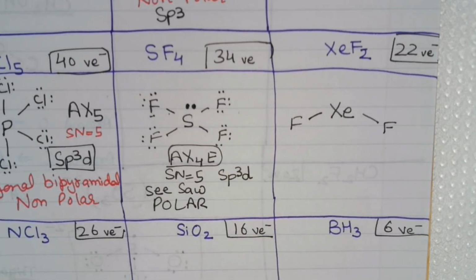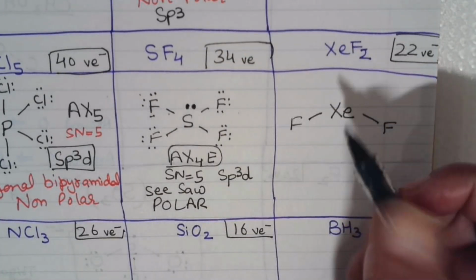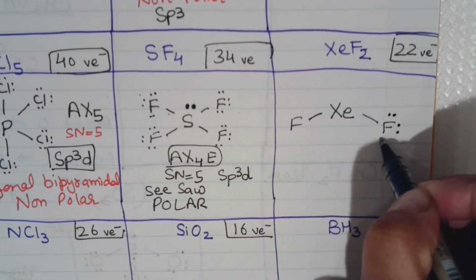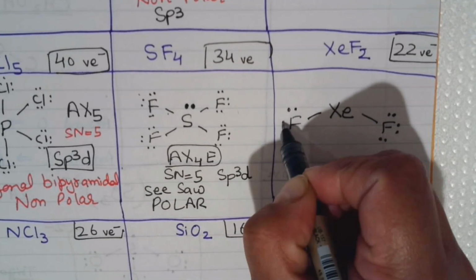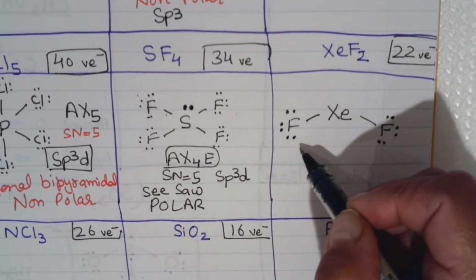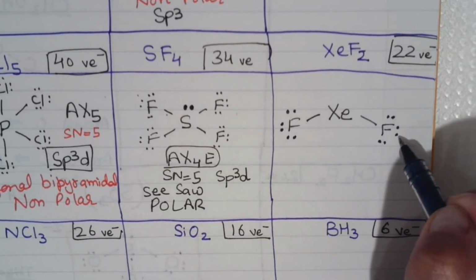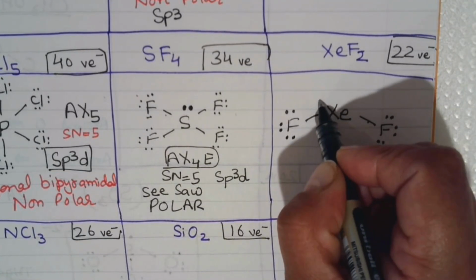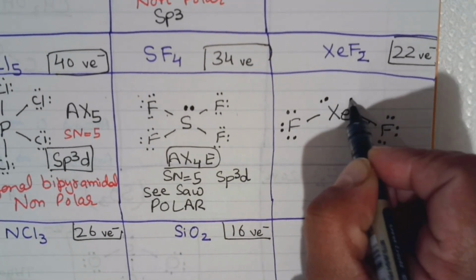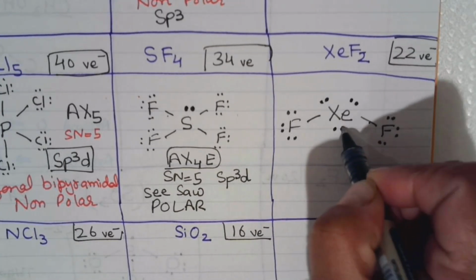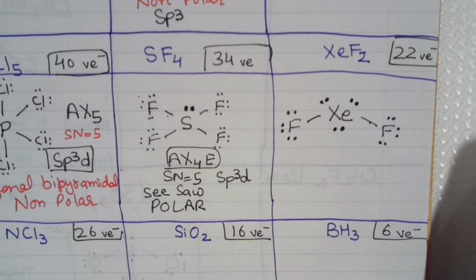XeF2 has how many lone pairs? 2, 4, 6, 8, 10, 12, 14, 16, 18, 20, 22. There are 3 lone pairs on xenon.